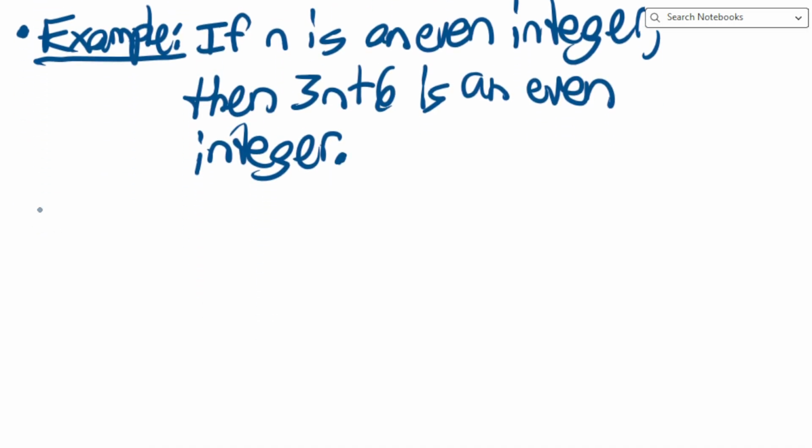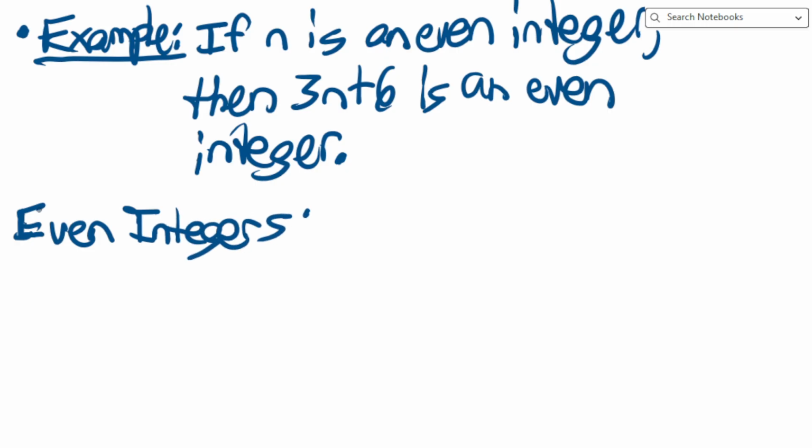So before we try to prove this statement, let's look at how we can define even and odd integers, because they'll probably come up pretty frequently. This is kind of an easy way to understand. So the domain S would be 2k, where k is an integer.